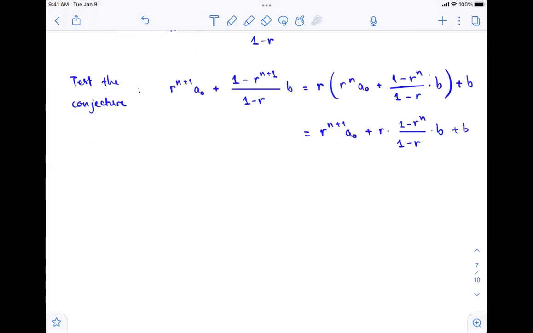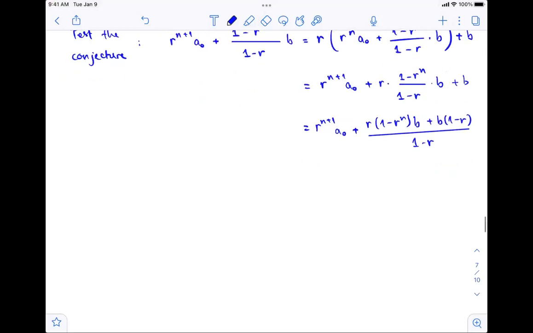Okay. So I'm going to combine these two terms by finding the least common denominator. Let me work out the details here. R raised to the n plus 1, a0 plus r times 1 minus r to the power n times b plus b times 1 minus r, divided by 1 minus r.